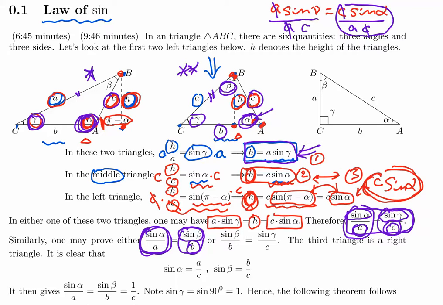So you may also choose the different one. Sine beta over b, that's the one right here, to prove equals sine gamma divided by its opposite side. So if you proved either one of them, you then can put everything together.